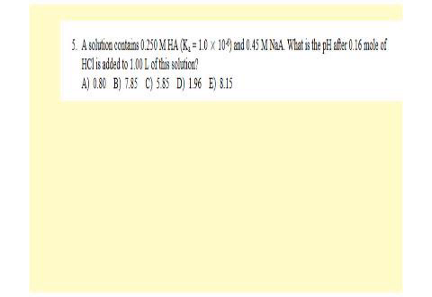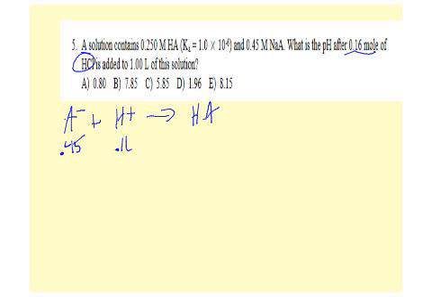All right, next one. Solution contains 0.25 molar acid, 0.45 molar base. What is the pH if 0.16 molar acid is added? Okay, so I'm adding acid, so I'm going to react my base, A negative, plus my acid, H positive, yields HA. I'm going to do this in moles, make sure this is simple. It's 1 liter, so that's nice. So my A negative would be 0.45, and it tells me 0.16 moles is added.